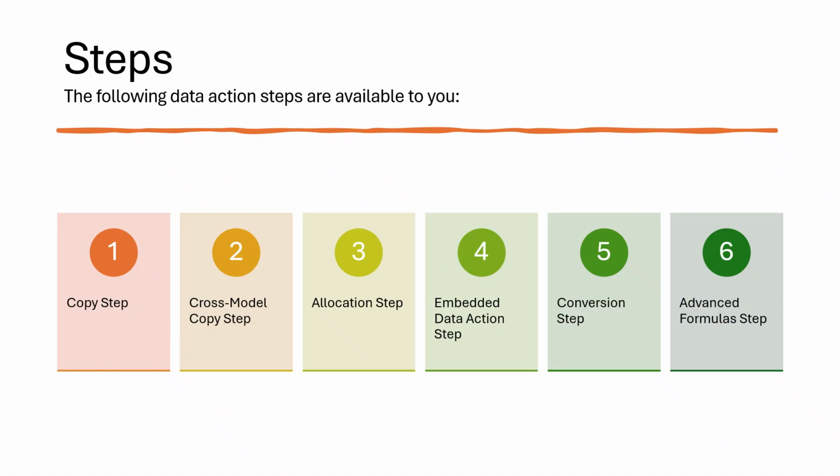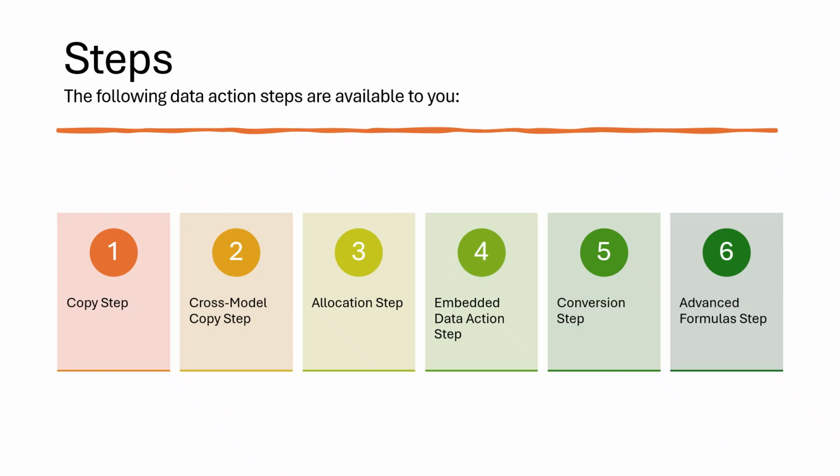Then the third is the allocation step, where based on the drivers you will do the distribution of the data. Then fourth is the embedded data action step. Suppose I have a data action and I want to include any other crucial data action into my current data action. It's just like linking another data action into your existing data action.